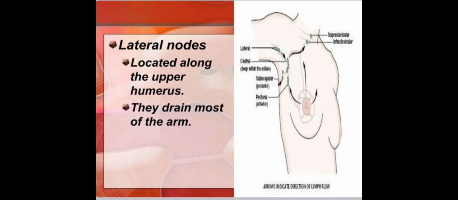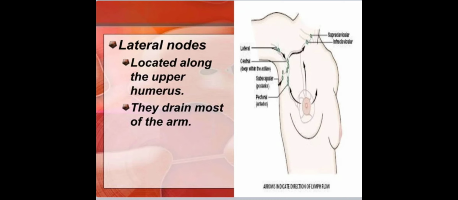And the lateral nodes are located in the upper part of our armpit, along the upper humerus, and they drain most of the arm. Remember, from your lymphatic system, the lymph nodes contain lymphatic fluid that drains from certain areas of our body.